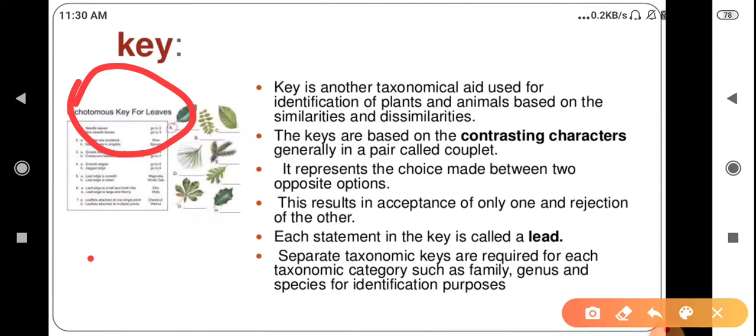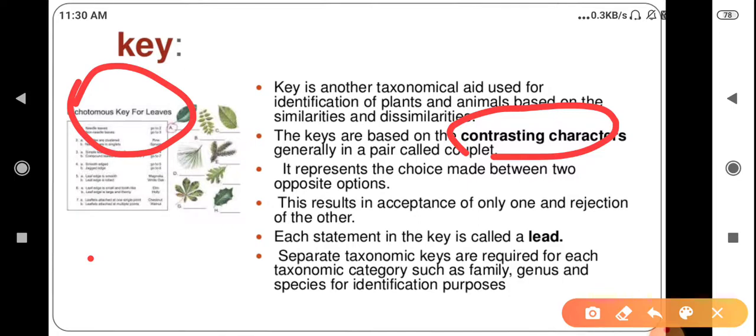Like you will say this leaf has a particular phyllotaxy, or we will say that this is a monocot or a dicot leaf. So monocot and dicot leaf are the contrasting characters, and this is called a couplet. Now you will choose one. Say you know that this is a monocot leaf, so you have made the choice.